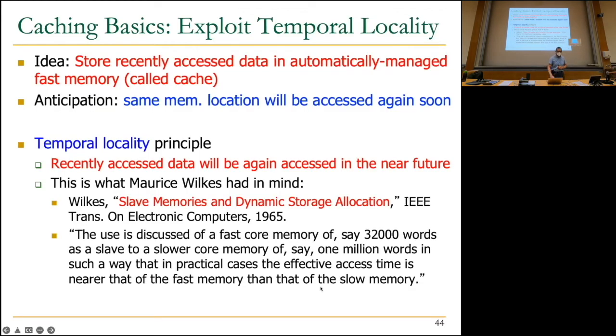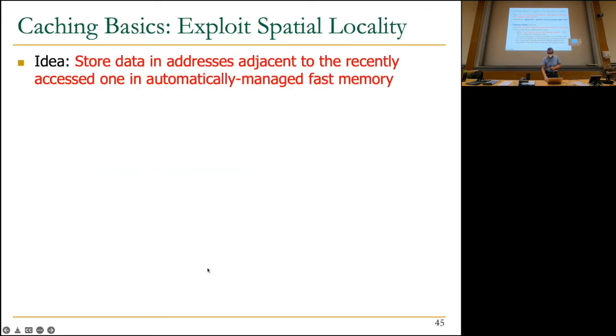His cache at that time did not exploit spatial locality, but many caches today do. Because of the principle of spatial locality, people said, why don't we store data in adjacent addresses? We're accessing one location, but we don't store just that location in the cache. We also store the data in locations that are adjacent to the recently accessed one in this automatically managed fast memory.